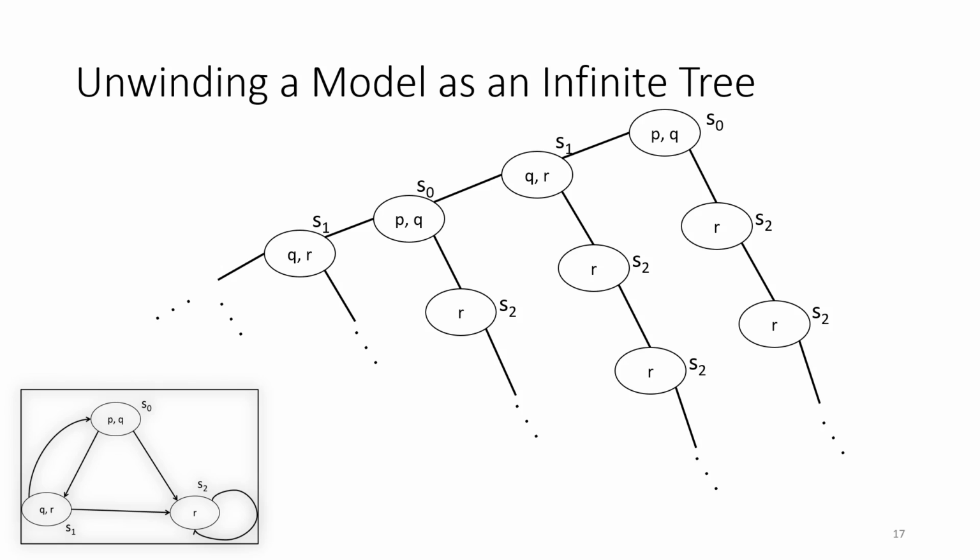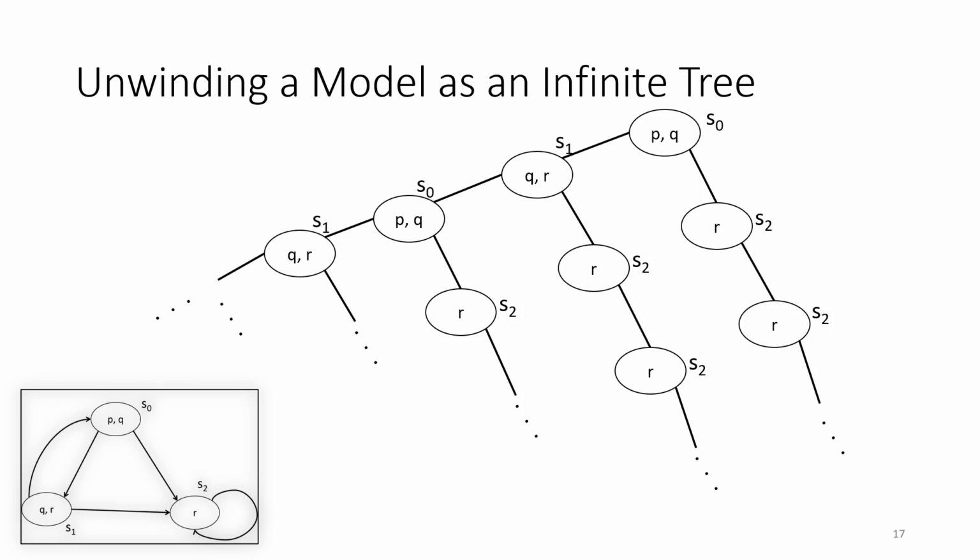And in S2, we can only remain in S2, so that is a very simple continuation. But in S1, we still have the option to go to S2 or to go back to S0.